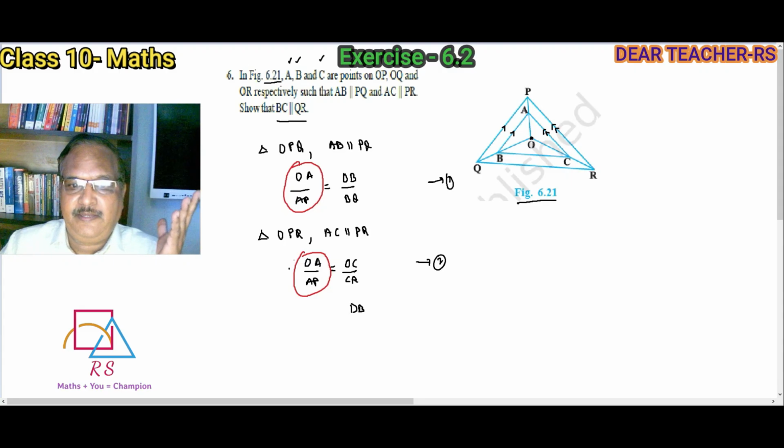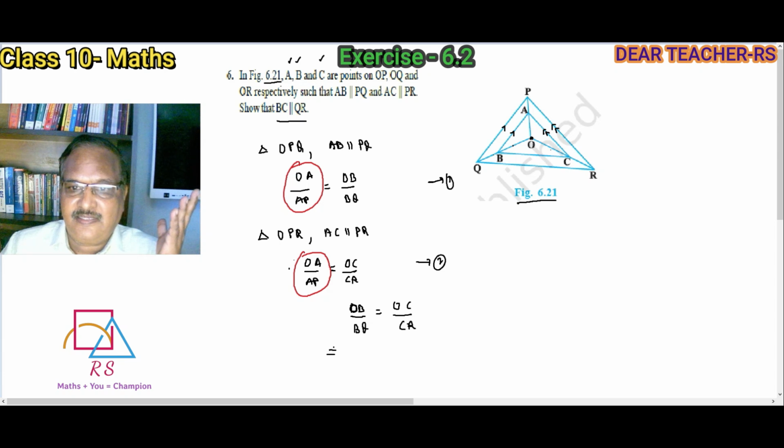Therefore OB by BQ is equal to OC by CR. That means these two things are equal.